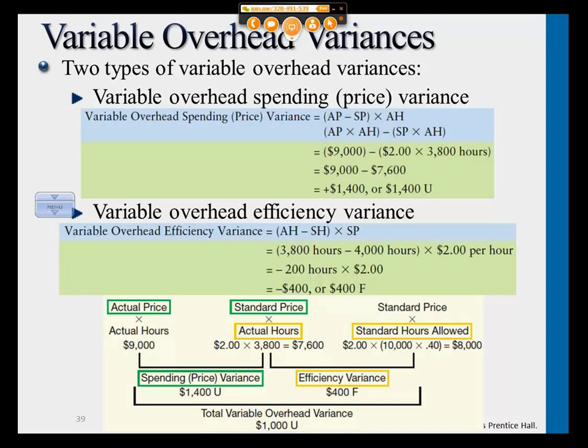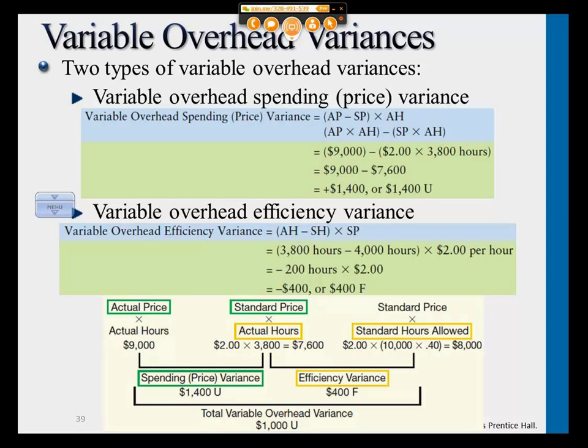So pay attention to what you've calculated right before. When you're putting those U's and F's going all the way down, it's going to help you calculate the rest. If you're still not sure, maybe write it all out. So let's say in general, if actual price is less than standard price, and we get a negative number, like down here, -400, the negative tells you that it's favorable. But if it's a positive number that comes out of a problem, then in general we can conclude it's unfavorable.